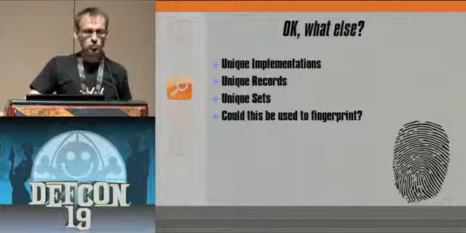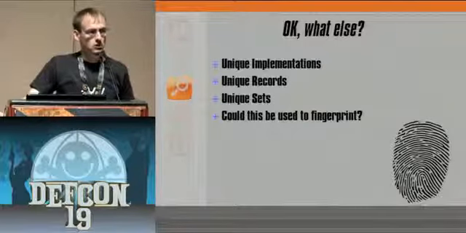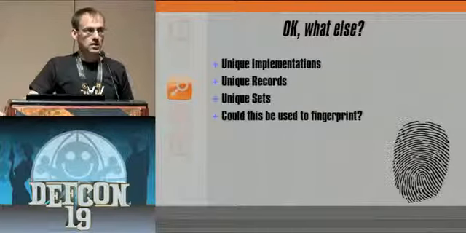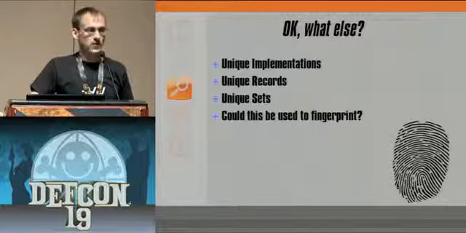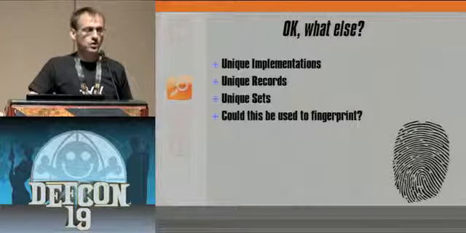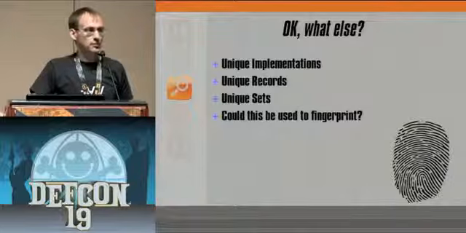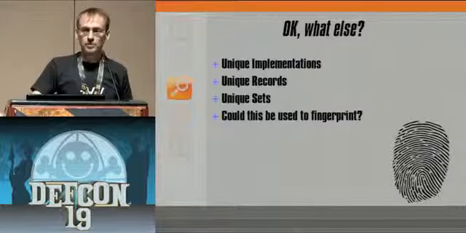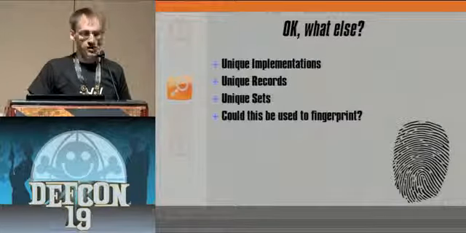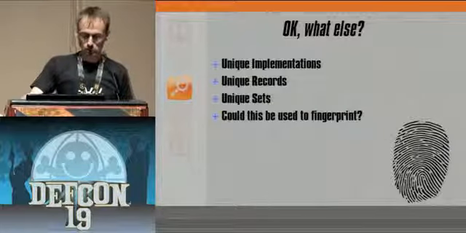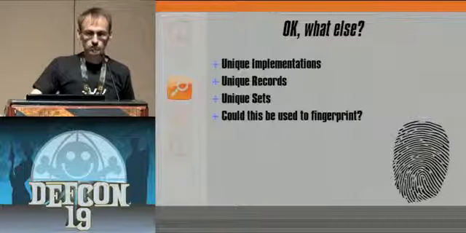But if you look even further, you realize there are unique sets. So that not only are you going to find a unique type of record on a device type, you are going to find actually a particular set that you will find only on a particular device type made by a particular manufacturer. So, could this be used to fingerprint the host?